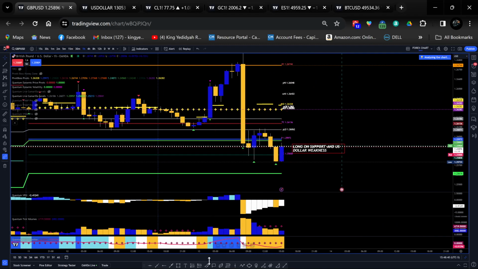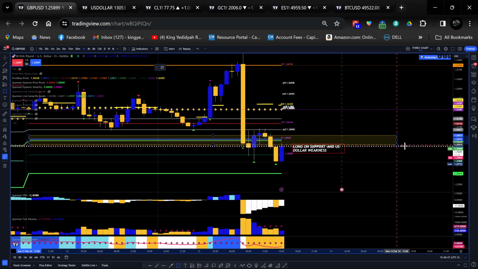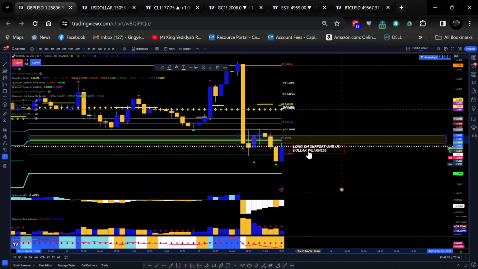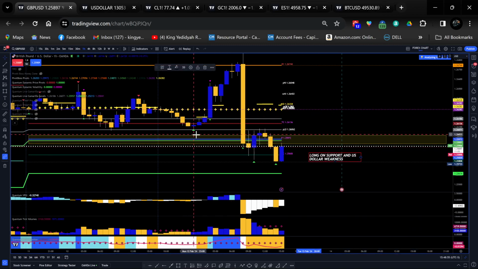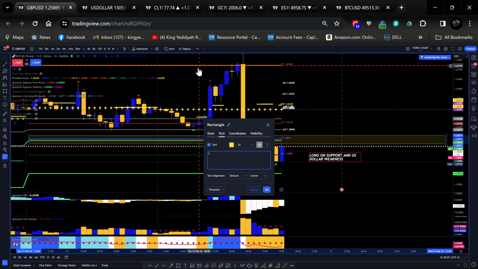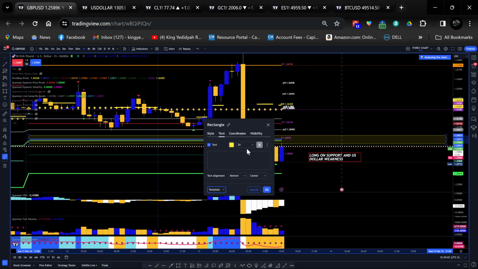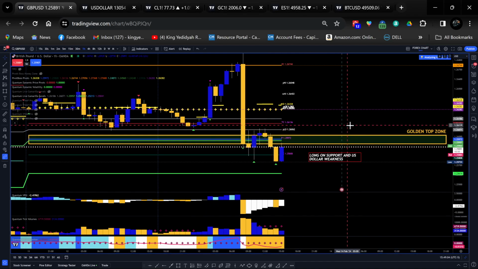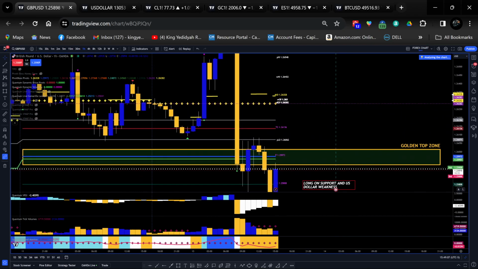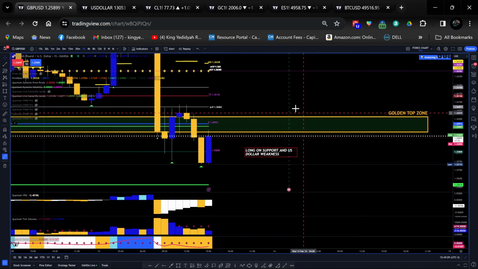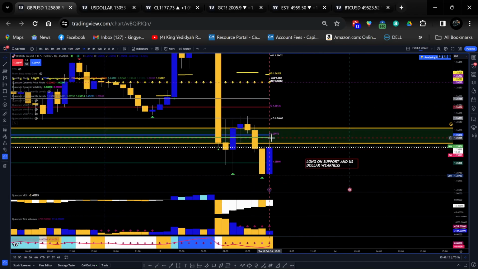Now this is a golden pivot zone that I was talking about on the weekly chart. Well, this is the 1 hour chart, but it's weekly levels, right? So I labeled that my golden top zone. Just make that bigger for more clarity. So this level here could be rejection now. It was supposed to be support.